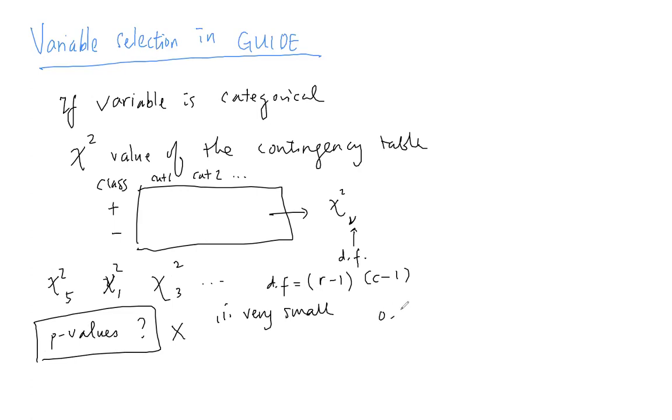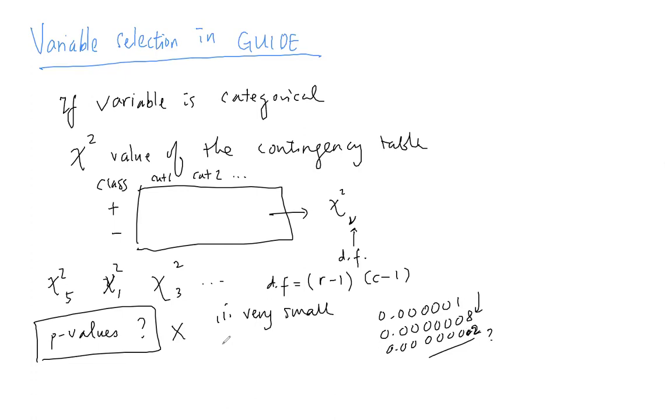Suppose you have something like 0.00001, the other is 0.0000008, so it only differs by, say, 0.0000002. It differs by such a small value, and then you are going to rank this above the other variable. So it's a bit unclear.